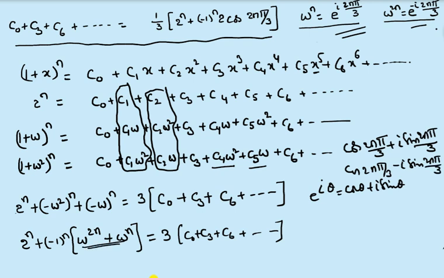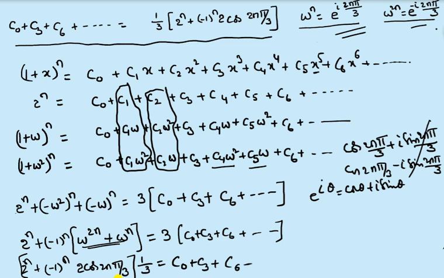What about those two added? These two terms get cancelled. We are getting 2 to the power of n plus 1 whole to the power of n into 2 times cos 2n pi by 3, divided by 3, because you will get c0 plus c3 plus c6 and so on. Okay.